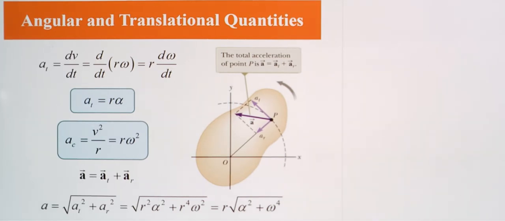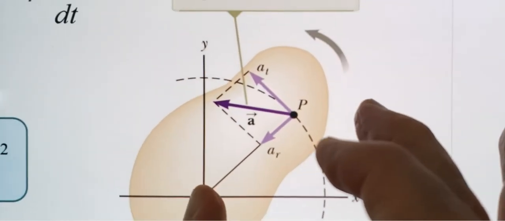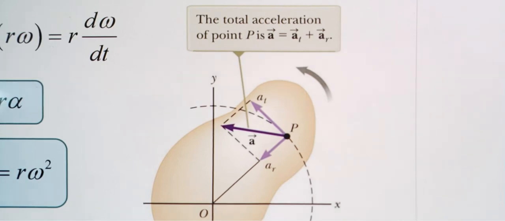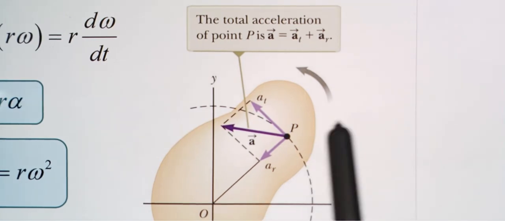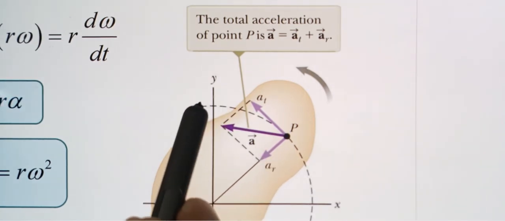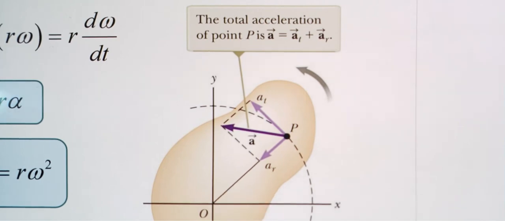However, we just remind ourselves of the concept of the total acceleration. Here we have a rigid object moving in a circular motion. So as a result of the circular motion, we have centripetal acceleration pointing towards the center, and we have a translational acceleration because the object is moving with an angular acceleration or with a linear acceleration.